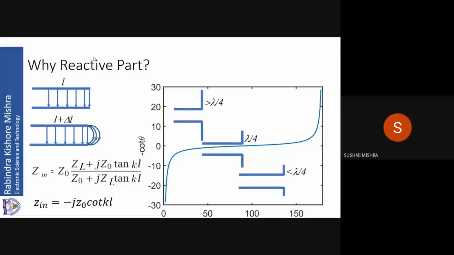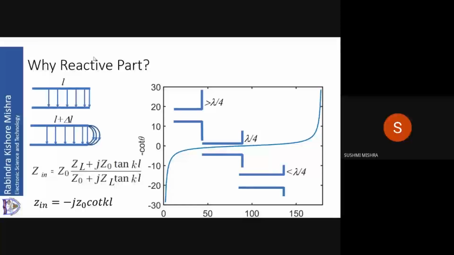When the length of the antenna is more than lambda by 4, then Zin is positive. Positive means it is inductive. Negative means it is capacitive. What we have seen is Zin is equal to 73 plus J 42 point something.